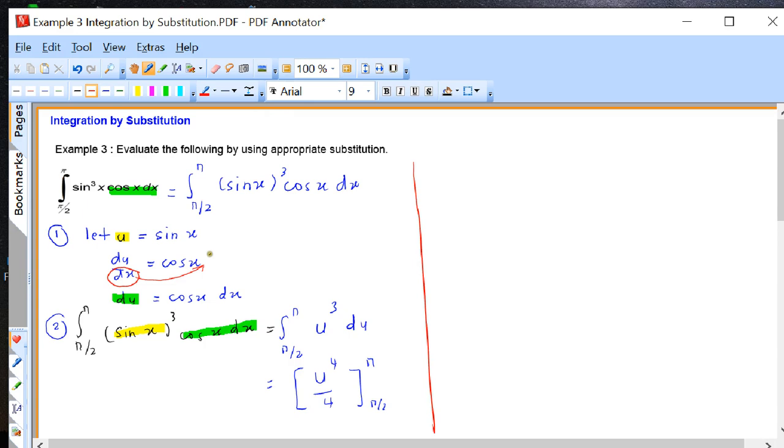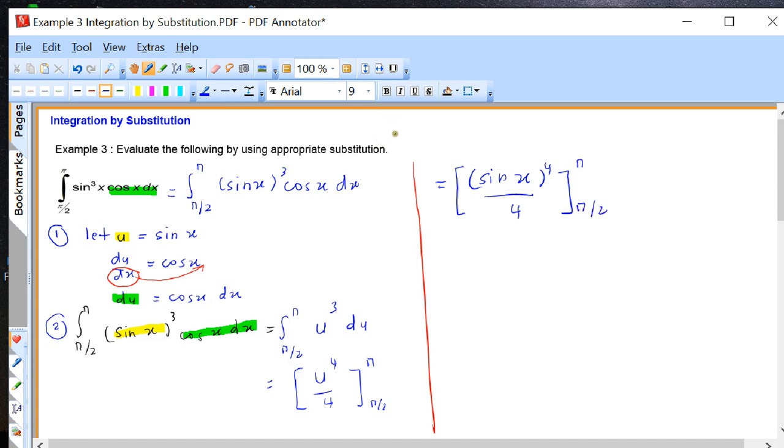So you're going to replace back the u that you have let in the first step. So we have here sine x to the power of 4 over 4, and write down the upper limit and lower limit from pi to pi over 2.